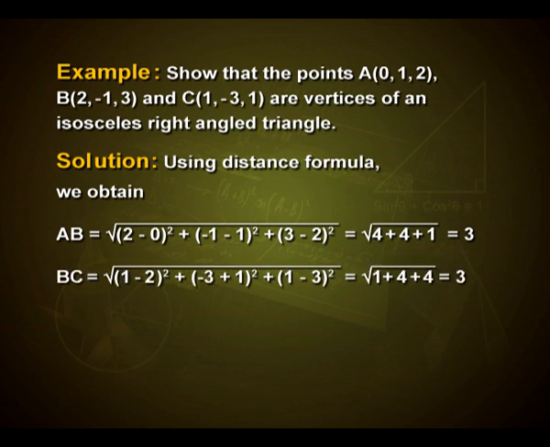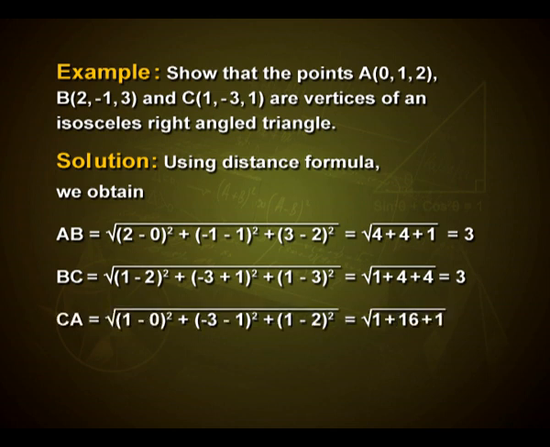Similarly, BC is equal to the square root of (1 - 2)² + (-3 + 1)² + (1 - 3)², that is equal to the square root of 1 + 4 + 4, which is again the square root of 9, that is 3.